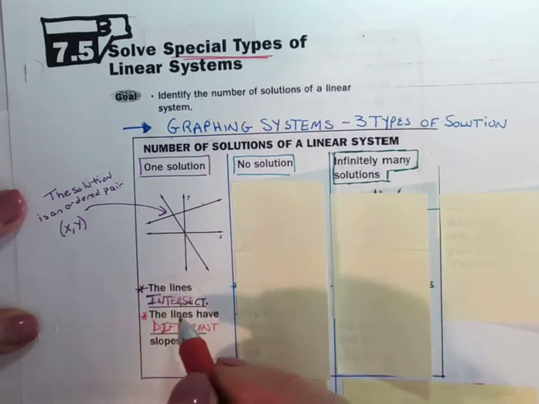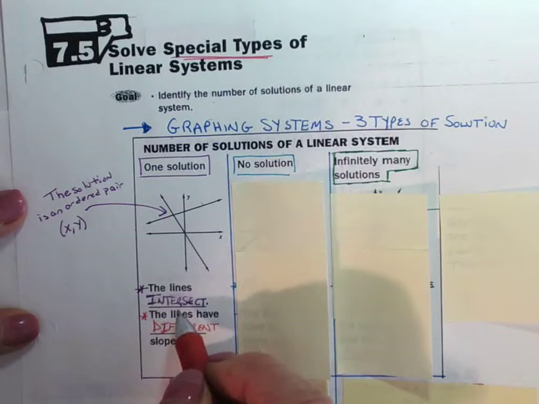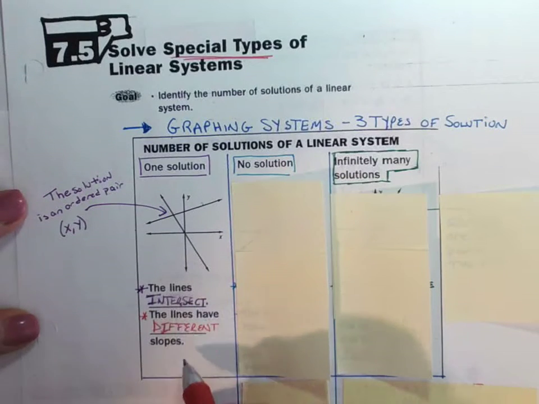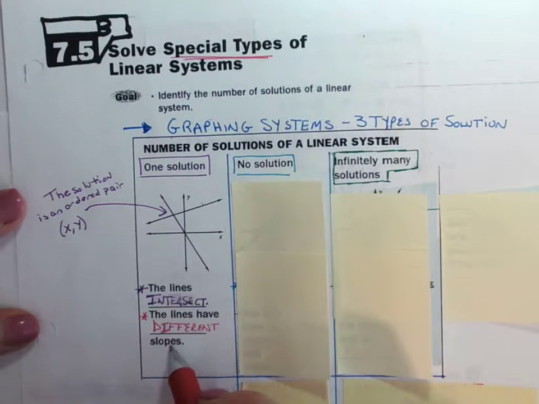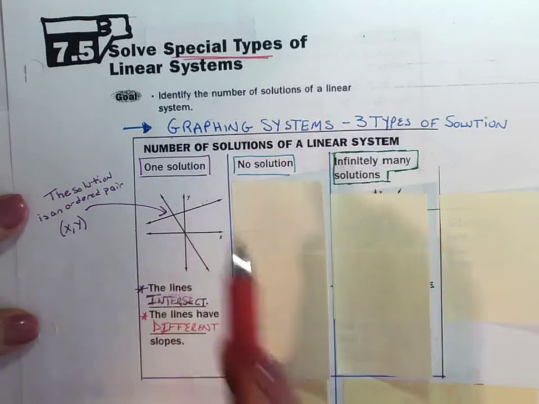For 1 solution, the lines will intersect. The lines have different slopes. So if the lines have different slopes, they will intersect someplace. That's 1 solution.